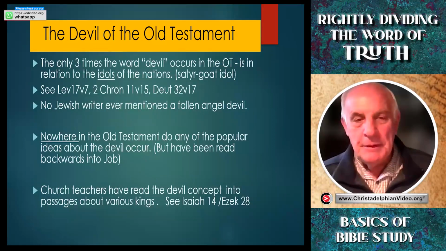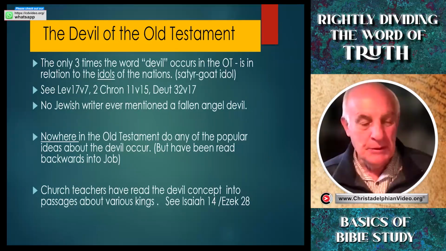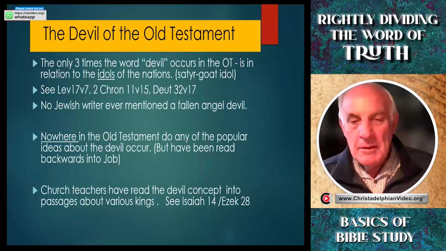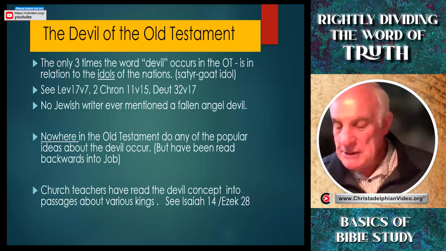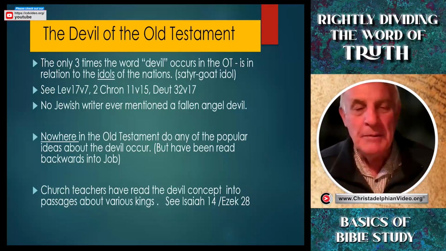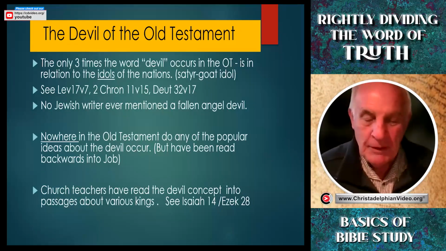Let's talk about the devil of the Old Testament, because the devil is perhaps the most classic illustration of very poor translation. When you go to the Old Testament, there are only 3 times the word devil was put into the record, and it's a very poor translation. The word in the Hebrew is the word satyr, which means it was a goat, one of the idols of the nations.